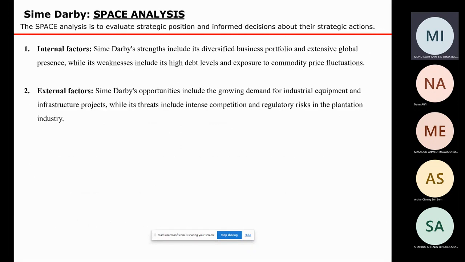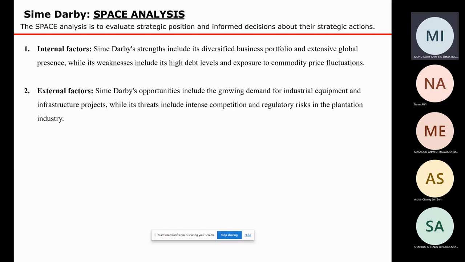For the SPACE analysis, based on internal factors, their business portfolio is very extensive with global presence, but there is a weakness in the high debt level, as they have a lot of business and a lot of debt.